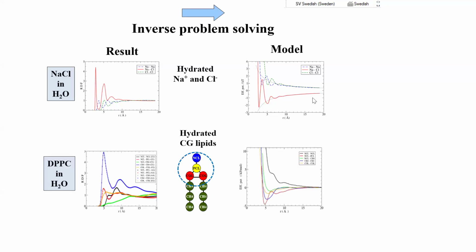We can also study lipids. The radial distribution functions between the beads are there on the left, and when we invert them, we get these effective potentials on the right. And again, when we use these potentials, we get these radial distribution functions, but we also get many other properties, not only radial distribution functions.